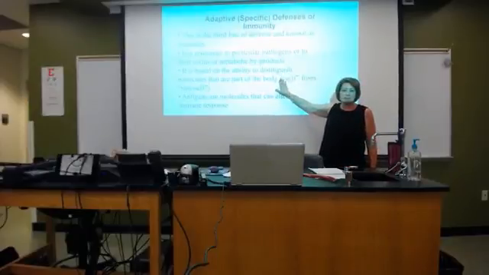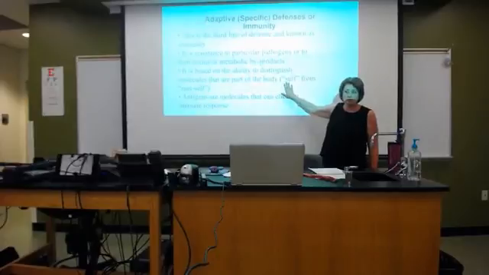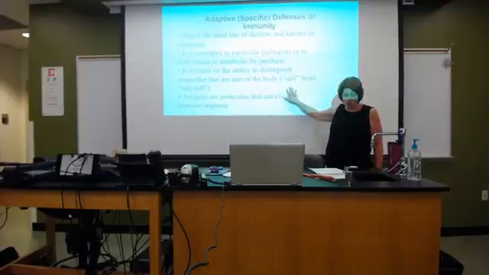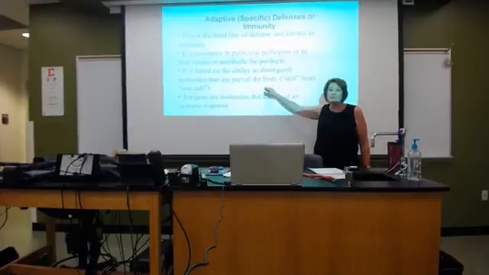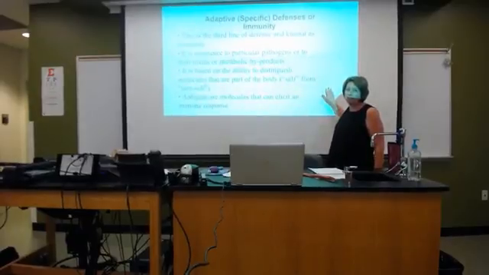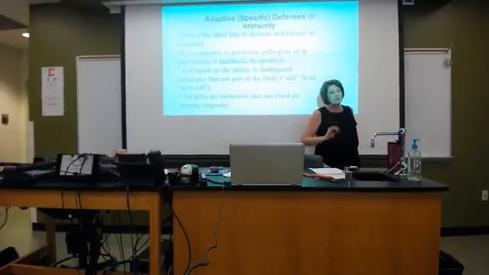Like I said, at this point, when we go to the third line of defense, the goal is making sure that the body recognizes a foreign substance, and that it does not begin to attack its own cells.